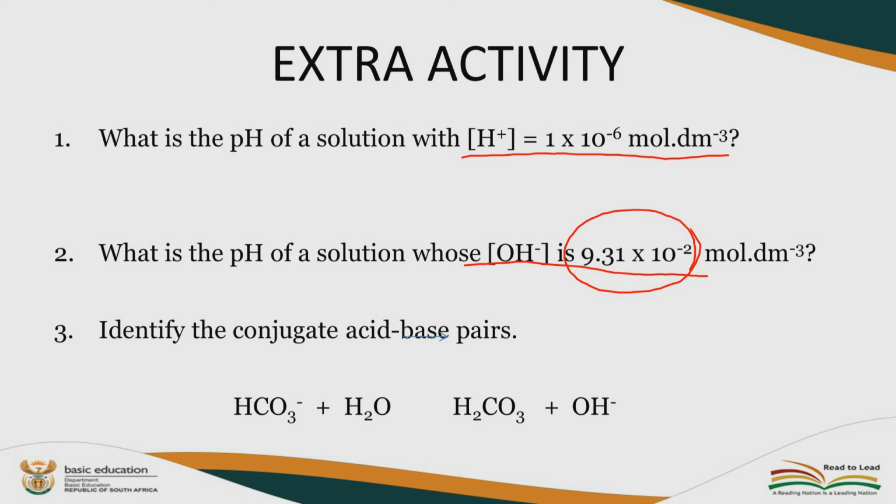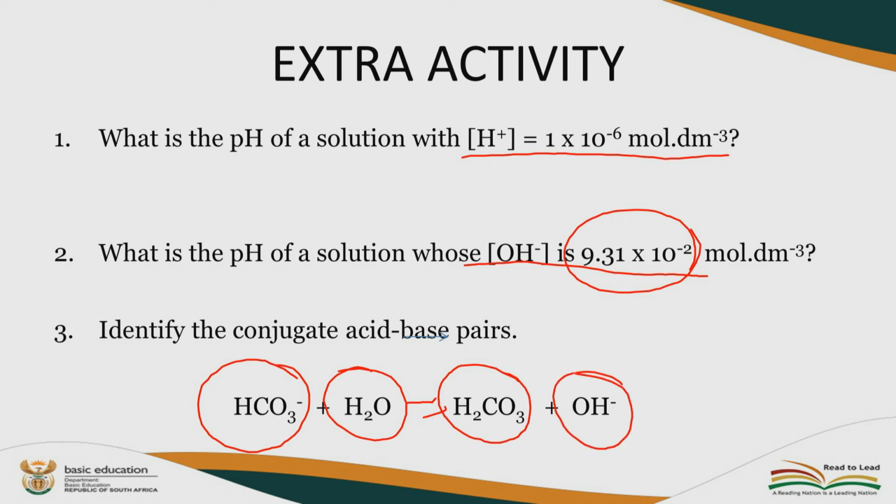Then the next one says, identify the conjugate acid-base pairs. When you look at this reaction, you can see that we are given 2 substances as reactants and 2 substances as products. What we said is that the acid and its conjugate base differ by a proton.